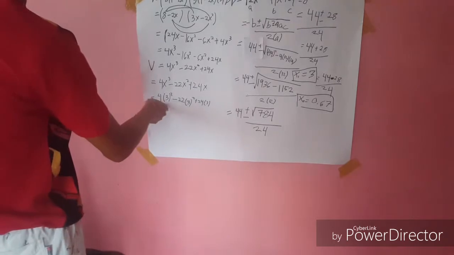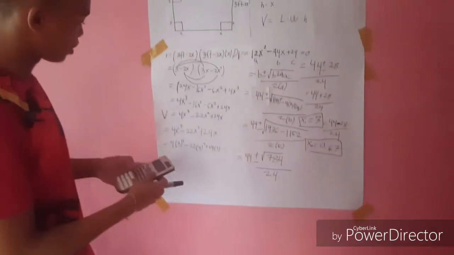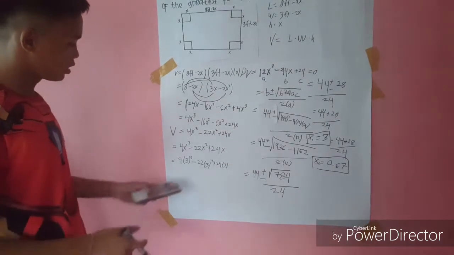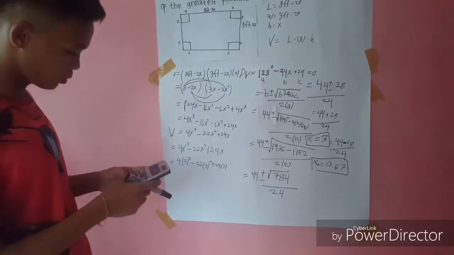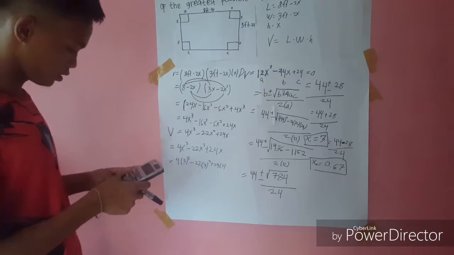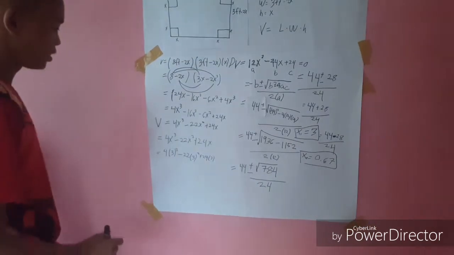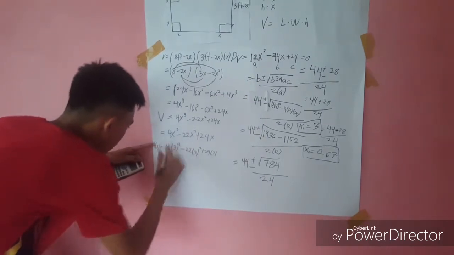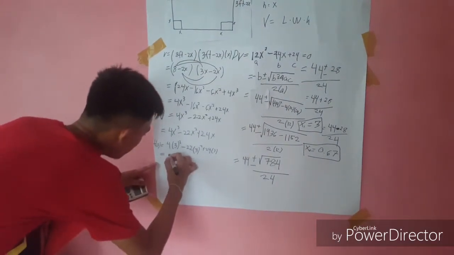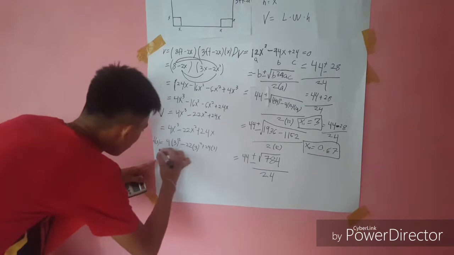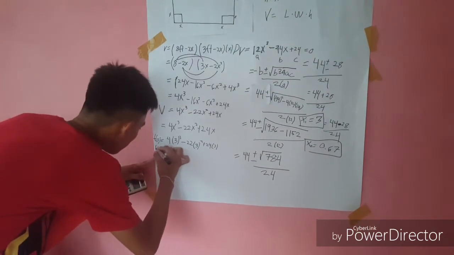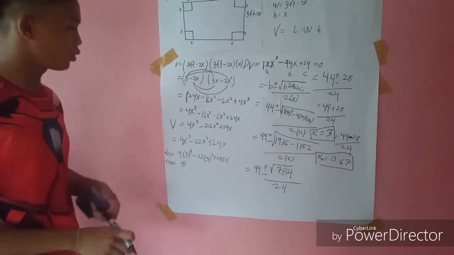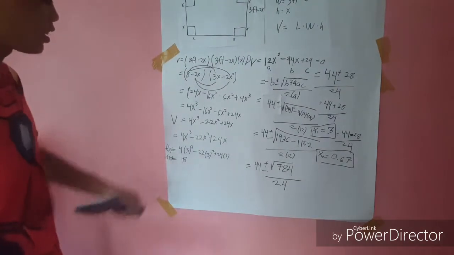In getting this answer, you're gonna do 4 times 3 cubed. So this is our f of 3, and the answer of this is negative 18. This negative 18 is not valid for our volume because it's negative.